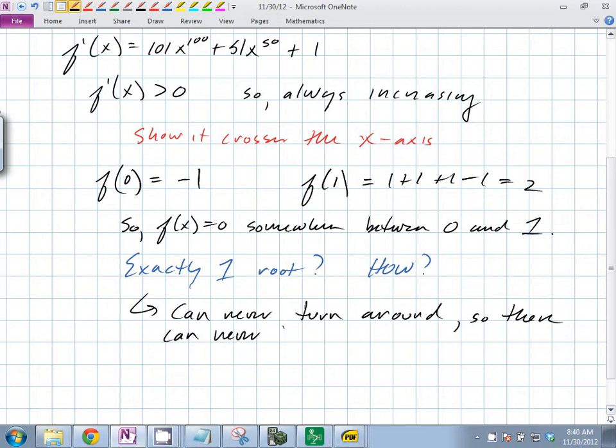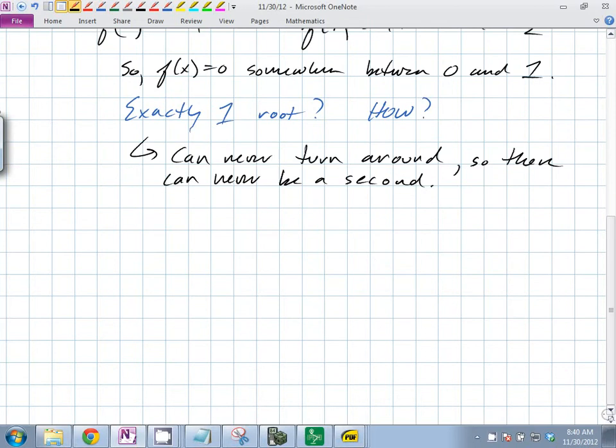That's okay, but you could. We did this a couple times in this class. You could assume that there's two roots. Do you remember? Assume f of a equals f of b equals 0.